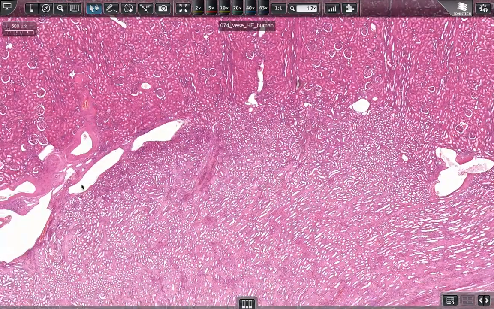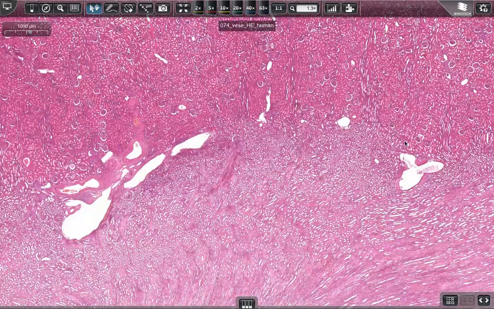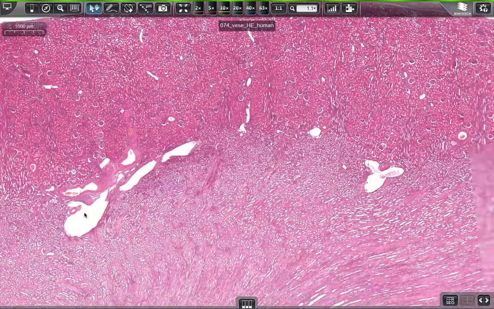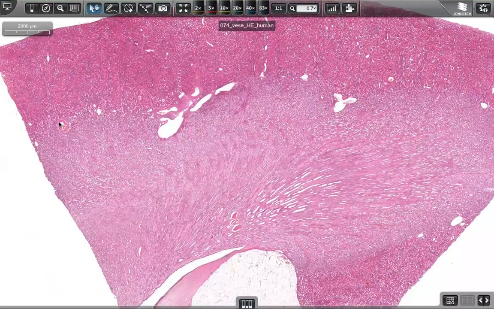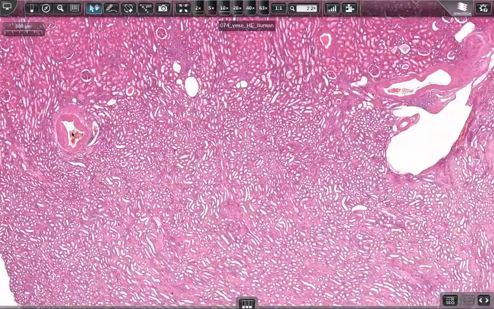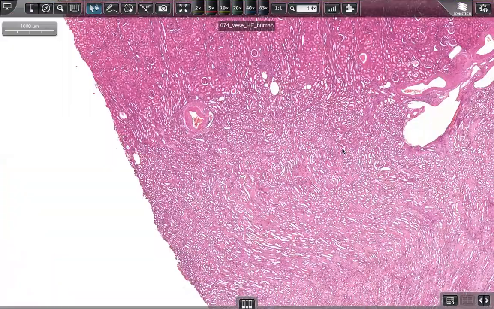Again, here we have the arcuate at the base. Maybe this is the termination of one interlobar artery, because it seems it has a really huge lumen. Yeah, there is another nice area. So this is obviously the vein, that's the artery. Should magnify.